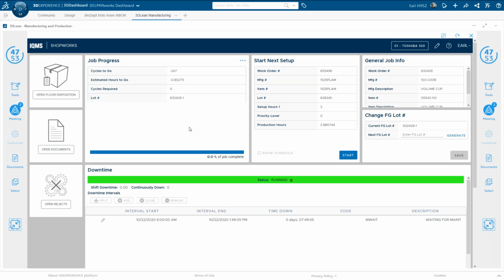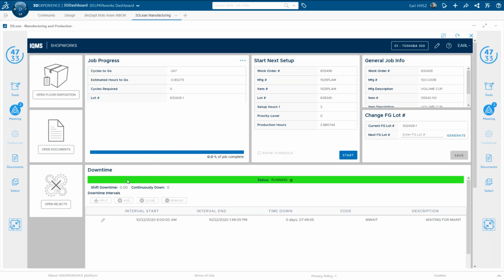How many more of these calves do I need to put together for this particular work order? And then what's my next work order? What's that one going to be once I finish these calves, assuming that I might have different setups during the course of the day.